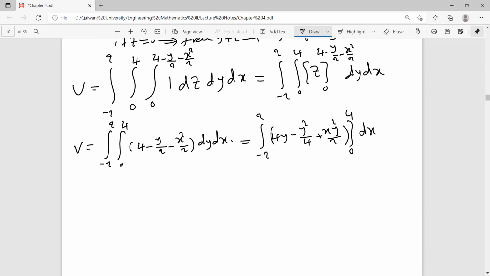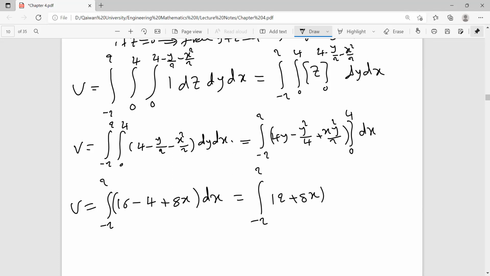We just replace y by 4, and you get V equals integration from -2 to 2 for 16 minus 16 over 4, which is 4, plus 16 over 2, which is 8x, then dx. It equals the integration from -2 to 2 for 16 minus 4, which is 12, plus 8x dx.